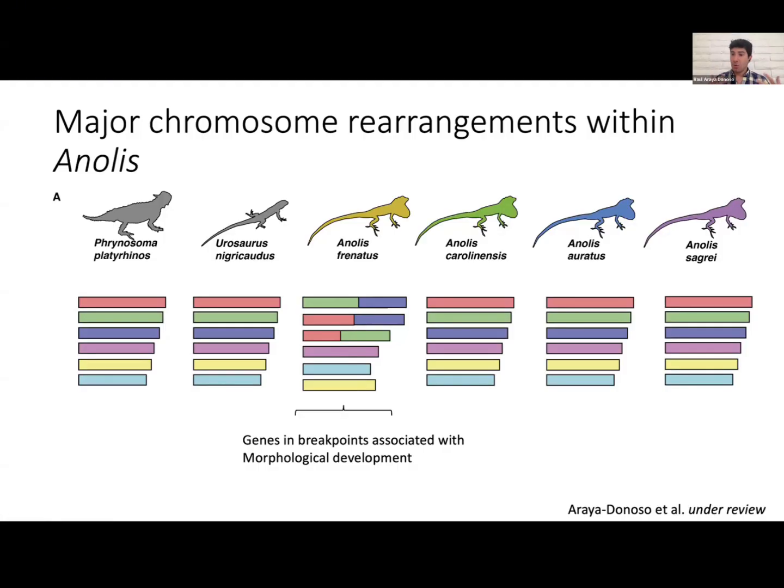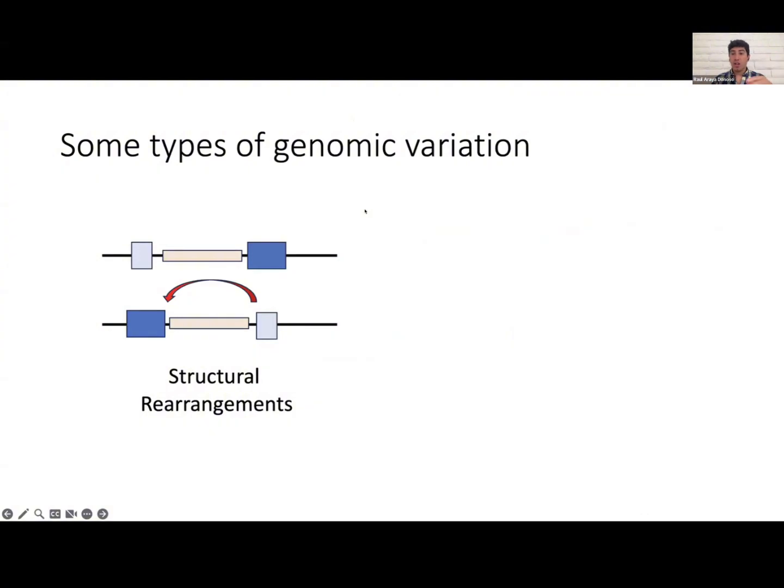And again, anoles have a very diverse morphology, so that makes a lot of sense. And if we go back to how we understood structural variation, if we change the physical location of genes, then that will impact how genes are regulated. So that's really cool. So maybe those structural variations are changing the regulation of genes within anoles.